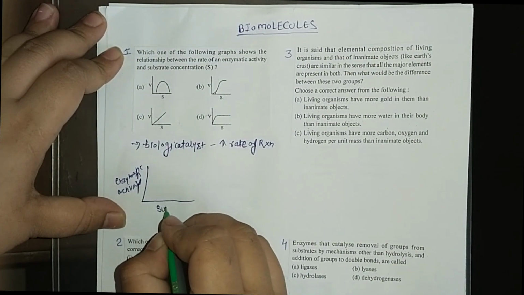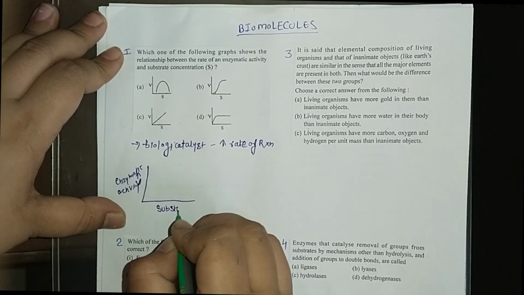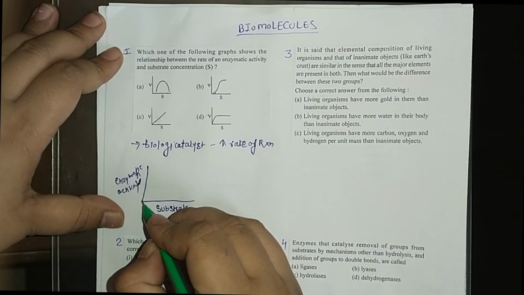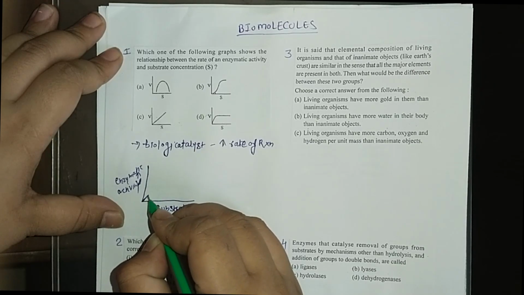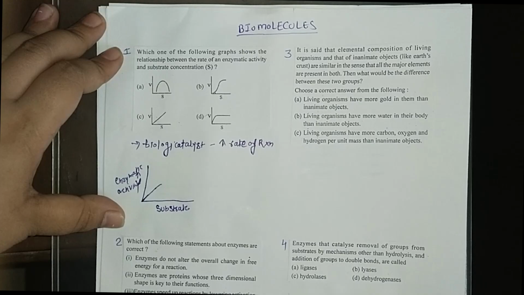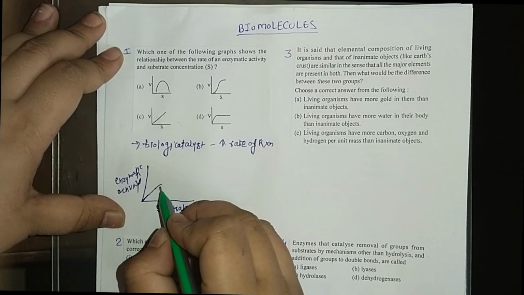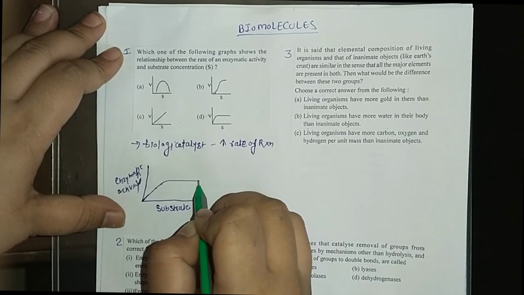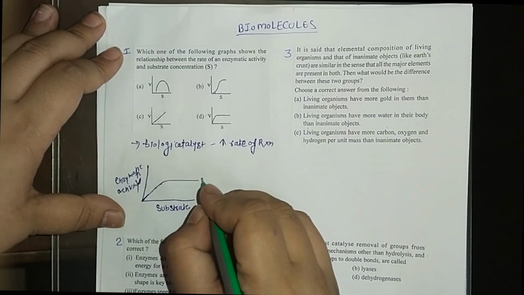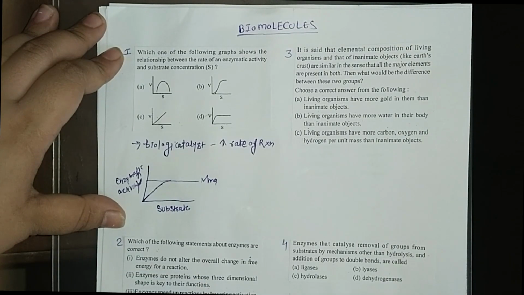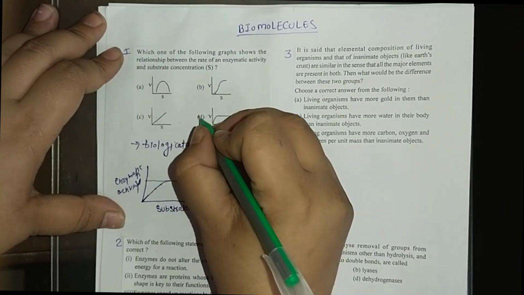This is the substrate concentration. If we make a graph of this, with increase in substrate concentration, the enzymatic activity increases to a certain point. When the substrate concentration reaches the maximum, it reaches the V max. Here it is V max. So the correct answer is D.